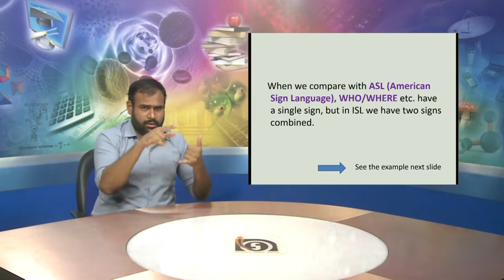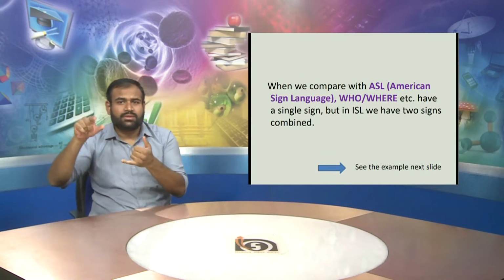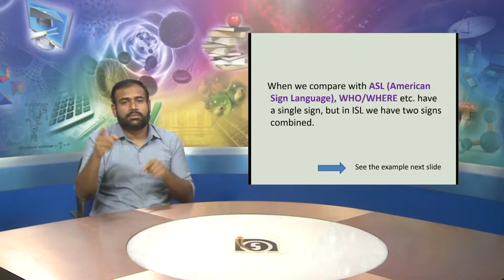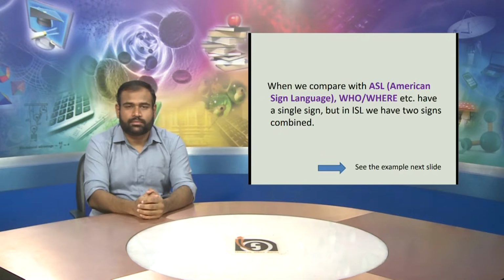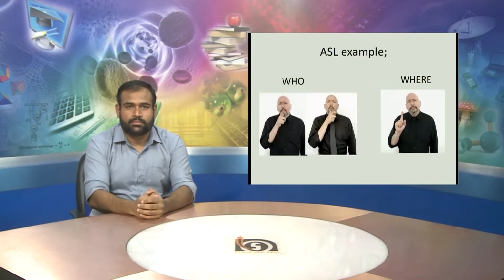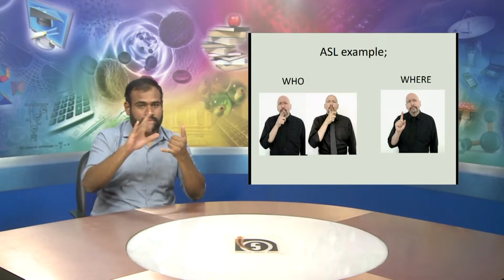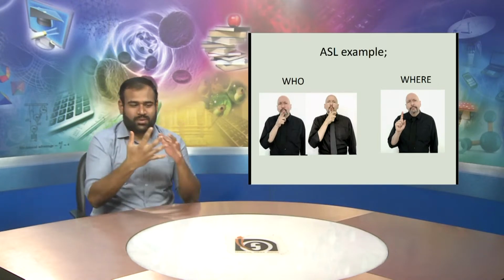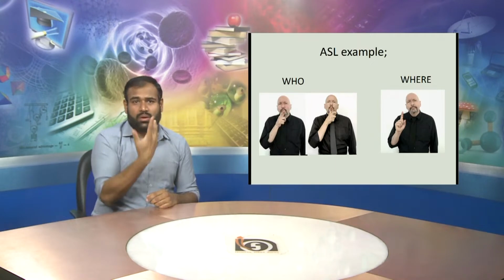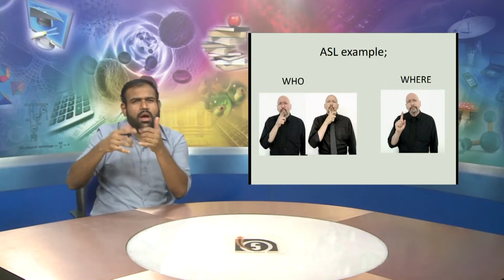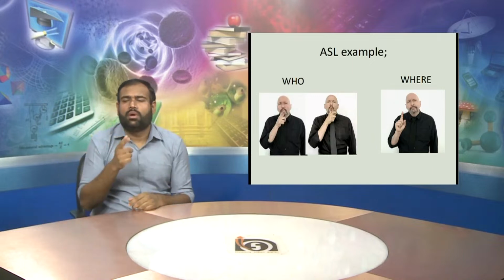When we compare with ASL, American Sign Language, all these signs, who, where, each have a single sign. You can see the screen. In American Sign Language, this means who. But in ISL, we use a different sign for who.